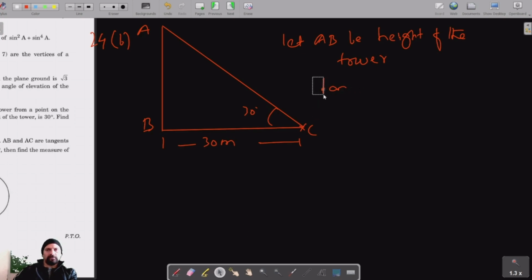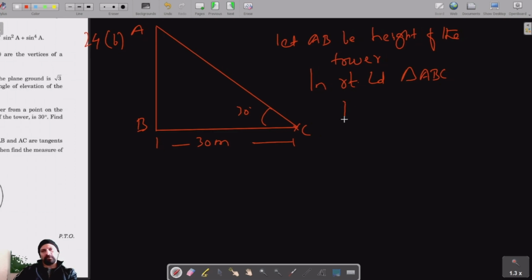We have this right angle triangle. So in right angle triangle ABC, tan 30 degrees is equal to AB by BC. Now we know the value of tan theta is 1 by root 3, and BC is 30.